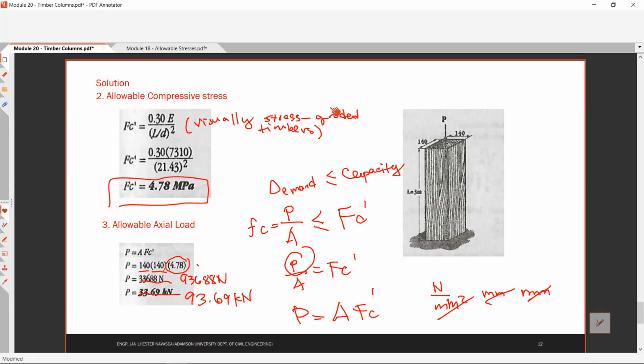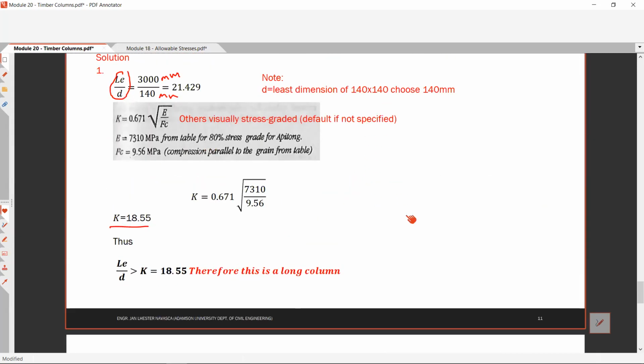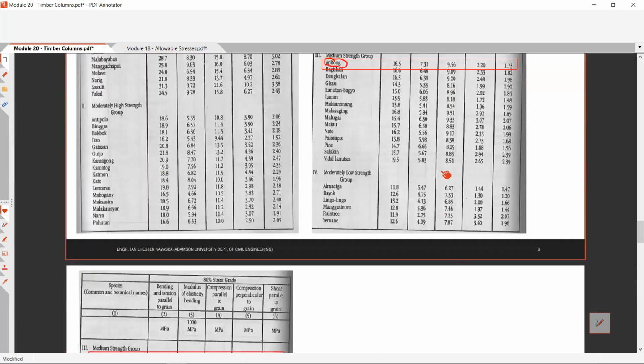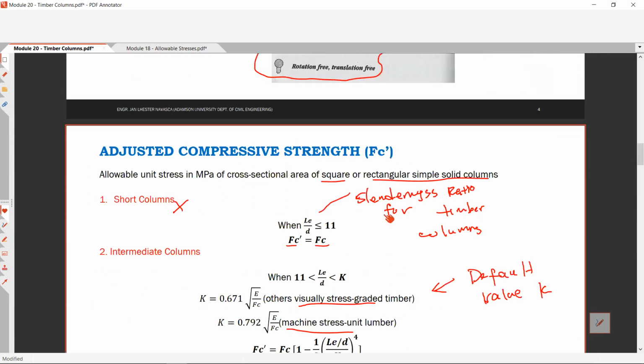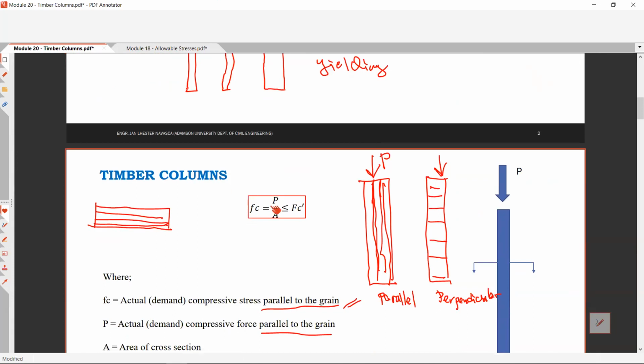Okay, so ayan lang yung ating pagde-design ng timber columns with compressive stress parallel to the grain. So, summary lang ng ating pinag-aralan for today, the working formula is this one.